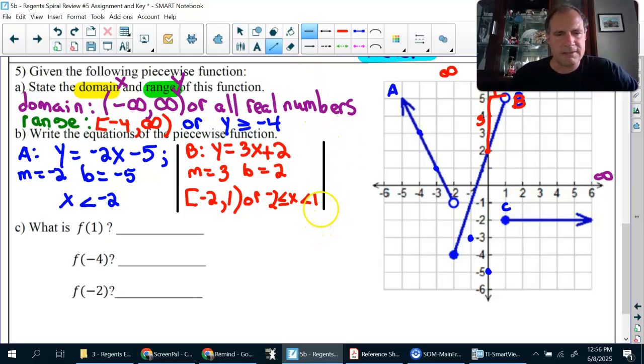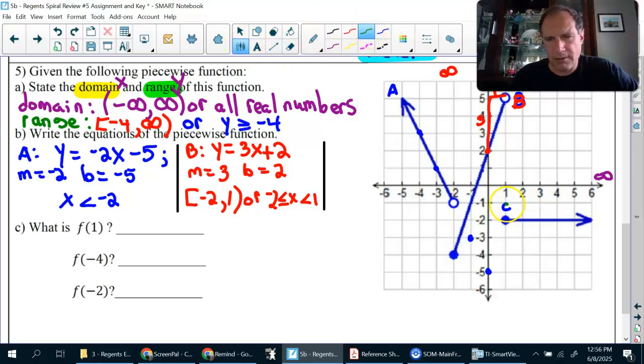So we're going to talk about C at this point, the last part of this. And you know what the y-intercept is? That is -2. So this is line C. The slope is 0, because a horizontal line has a slope of 0. And the y-intercept, which is B, is -2. So you have a slope of 0 and a y-intercept of -2.